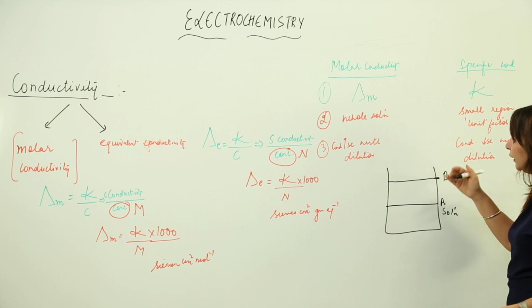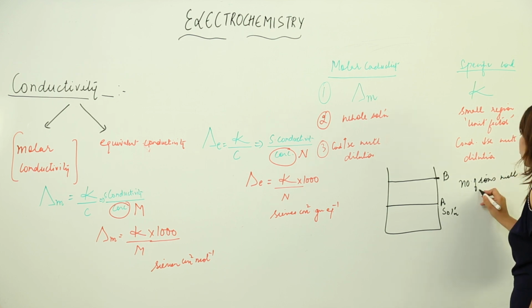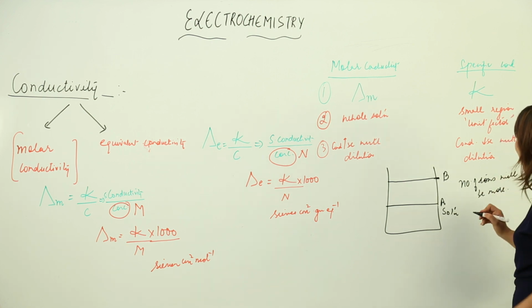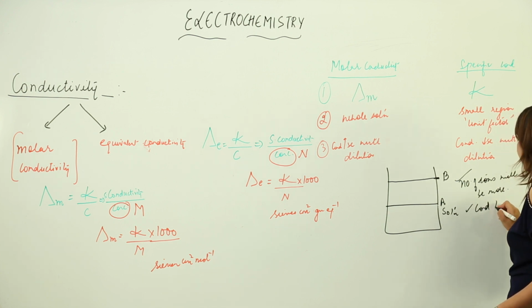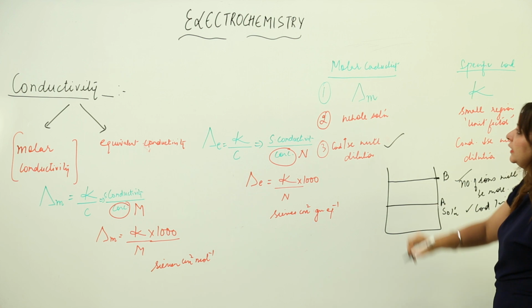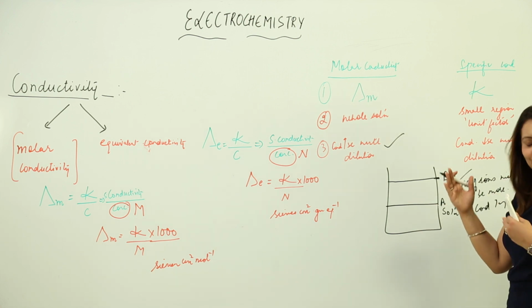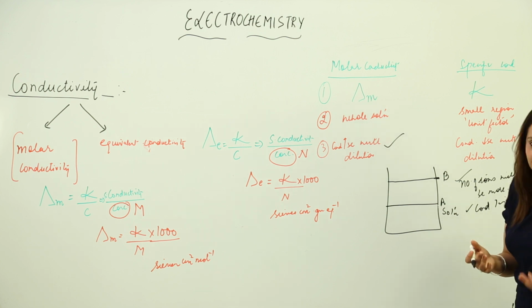As we have diluted the solution, the number of ions will be more now, and we know that molar conductivity depends upon the number of ions. So molar conductivity increases with dilution, because on diluting, the number of ions increases, and due to the increase in ions the conductivity is increasing.